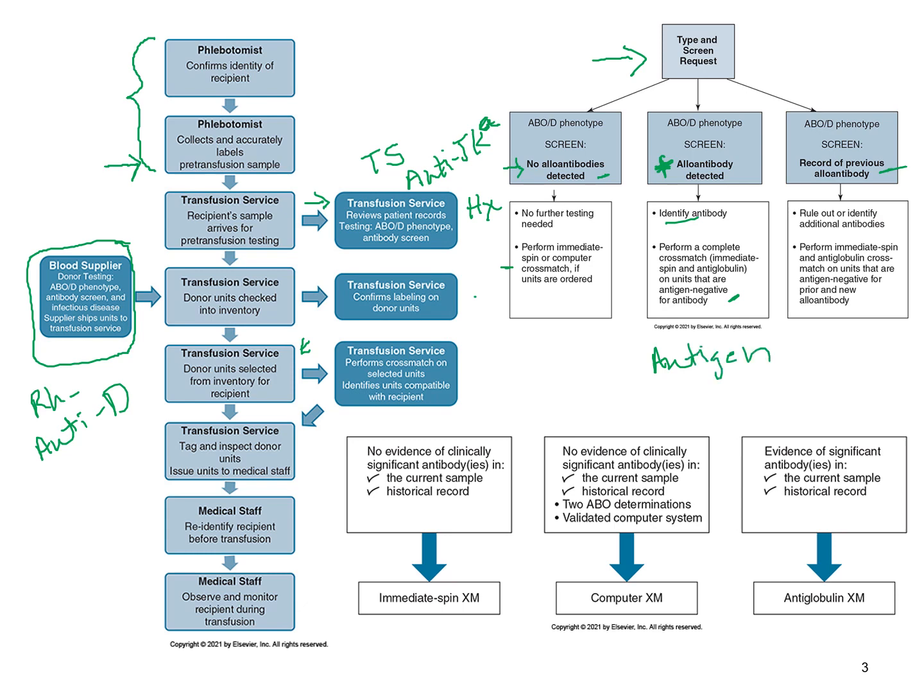So when you do your antibody workup, part of that will be to actually do the antigen typing of your patient as well as your units, because we need to verify. Our patient is just kind of like our recheck, or how we do ABO in reverse.